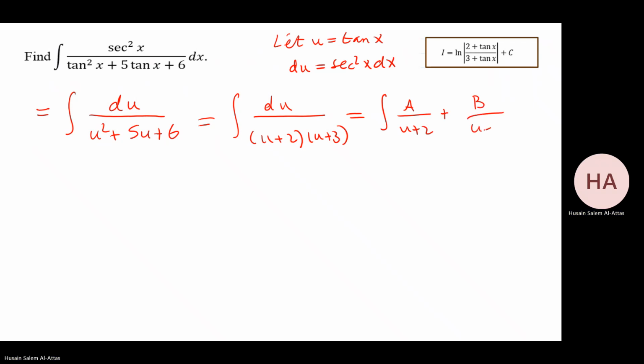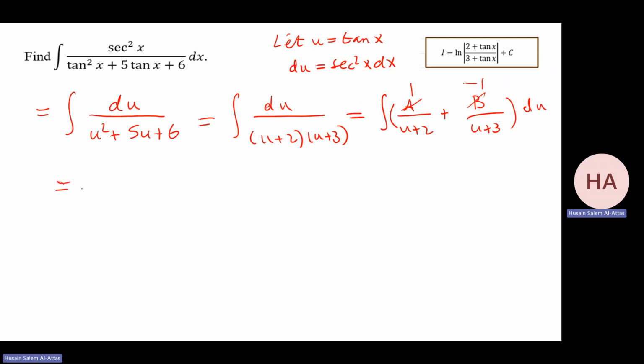Yeah. So it's substitution plus partial fraction. I can use the cover method. If I cover this and substitute -2, I have 1. If I cover the other one and substitute -3, I have -1.